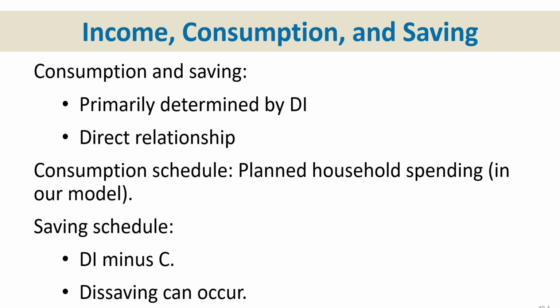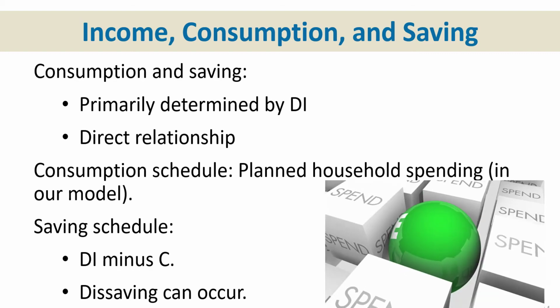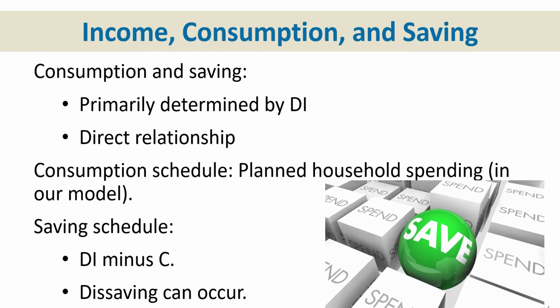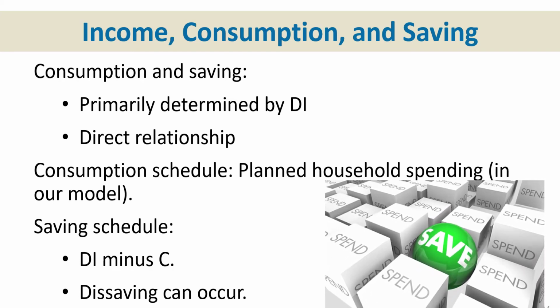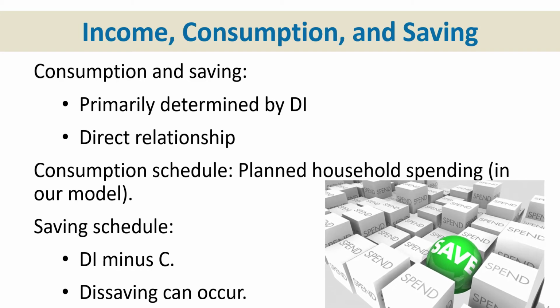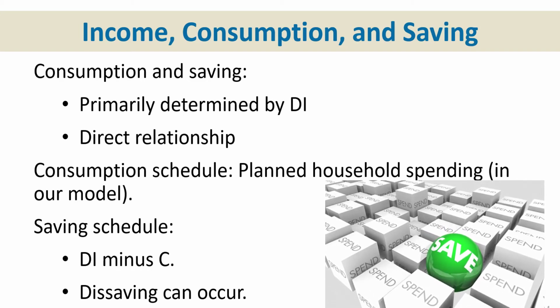And think about it. The more income you get, what do you do? You consume more. Disposable income goes up, consumption goes up. That's a direct relationship. Now think for a minute. When you get your income, you either consume it or save it. So your disposable income is split into savings and consumption.